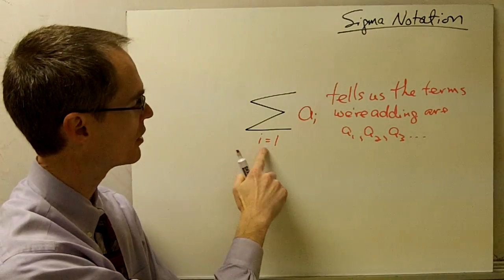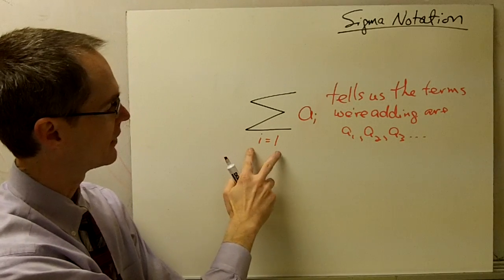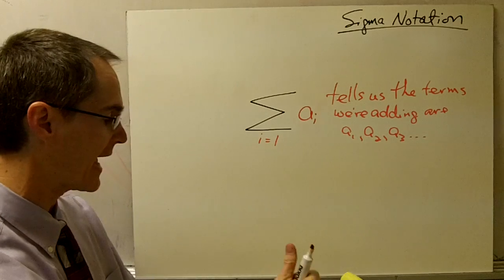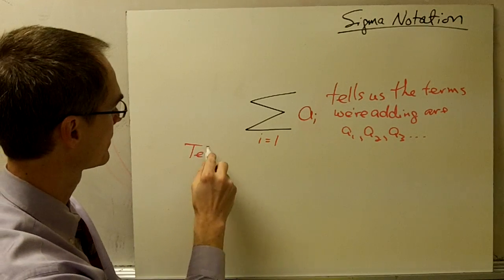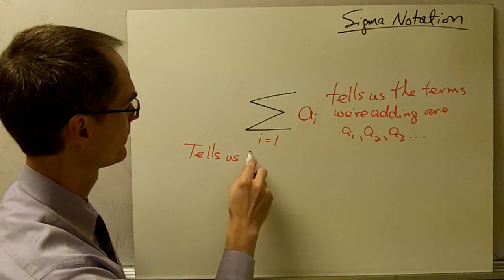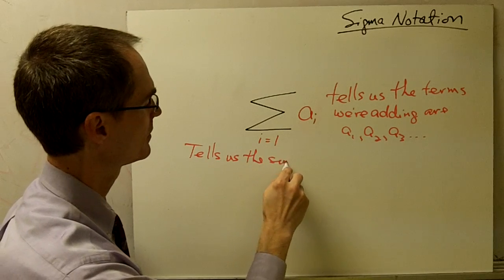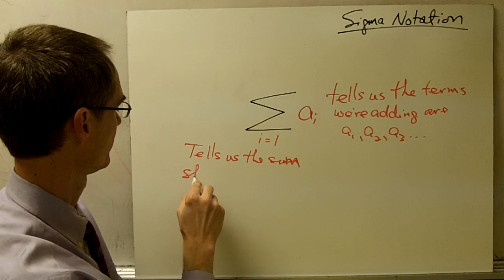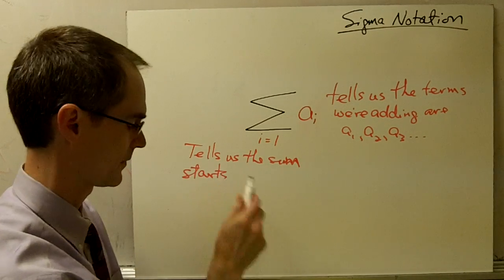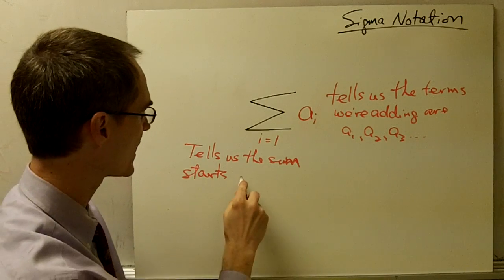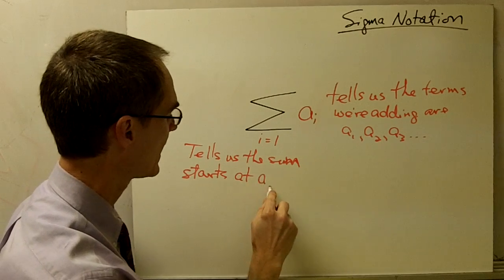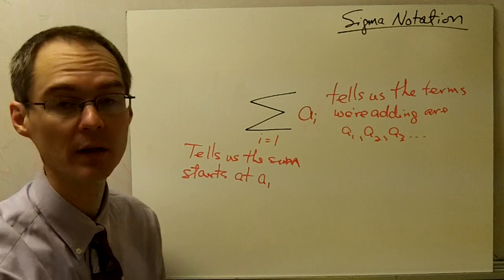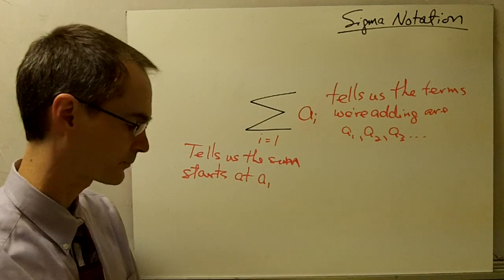You don't always, but down here you'll see the little indicator i equals some number. In this case it's i equals 1, and this tells us that the sum starts at a sub 1. All right, the 1 is the first number here in the series.